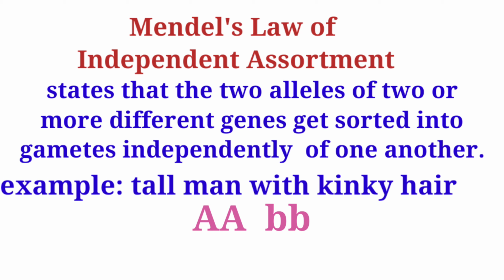And then, next to that is we are going to get the gametes. And the gametes are the capital letter A and the small letter b. Now, as you see, they don't affect each other. Okay? So that is an example of independent assortment.